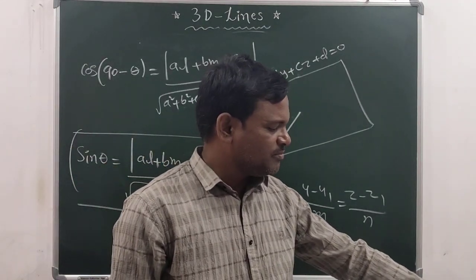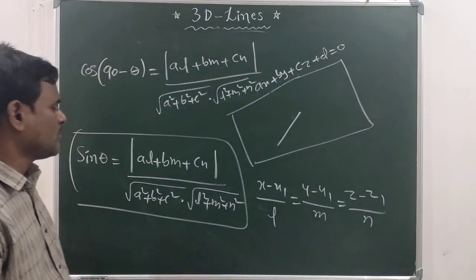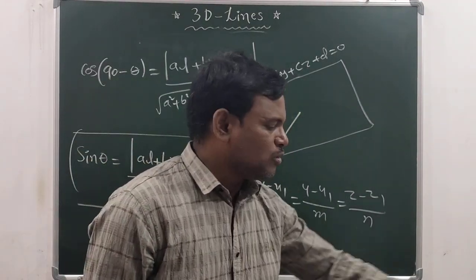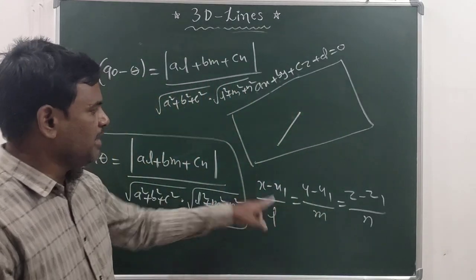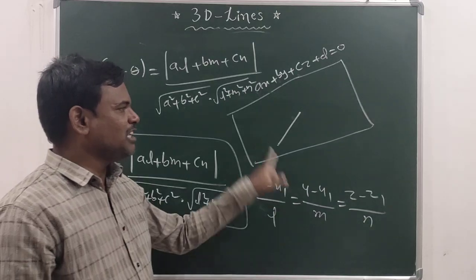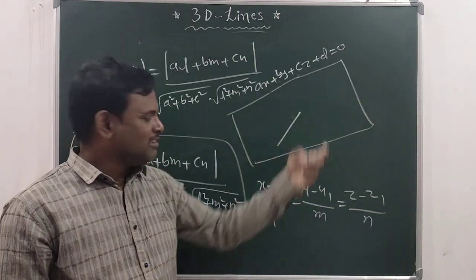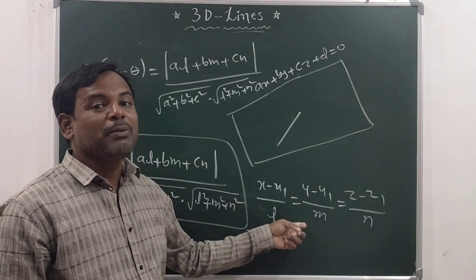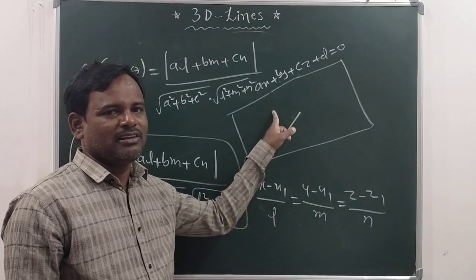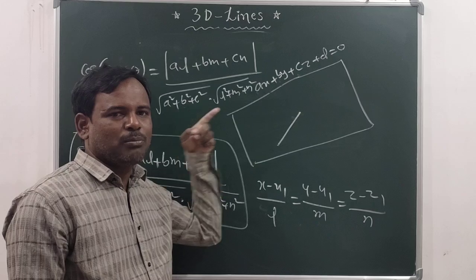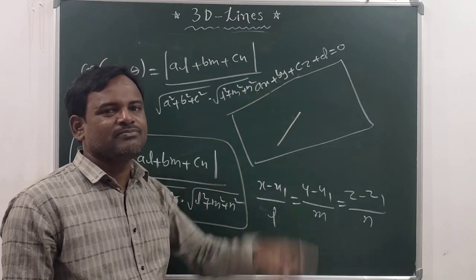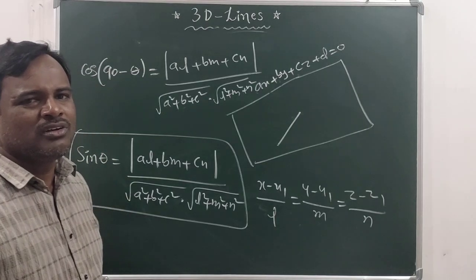Here also students, suppose this line is parallel to the plane, what do you get? If this line is parallel to the plane, then this line will be perpendicular to the normal of the plane, no?